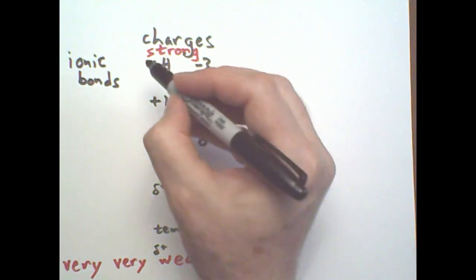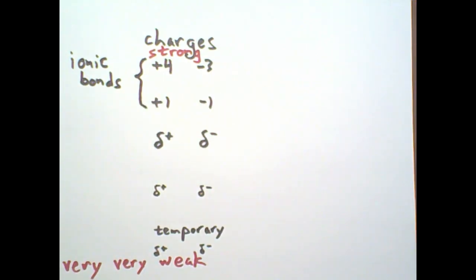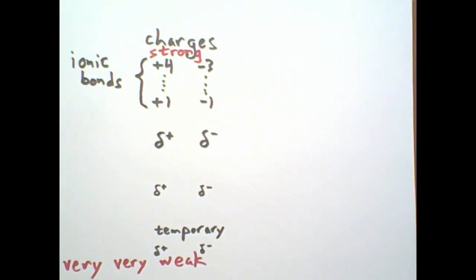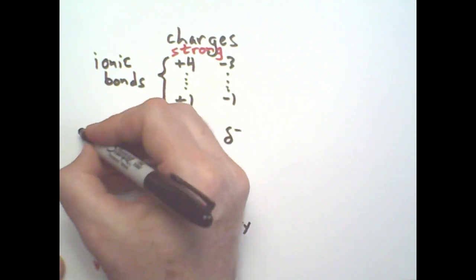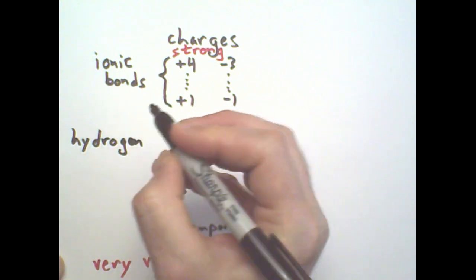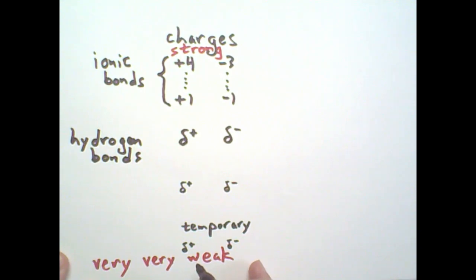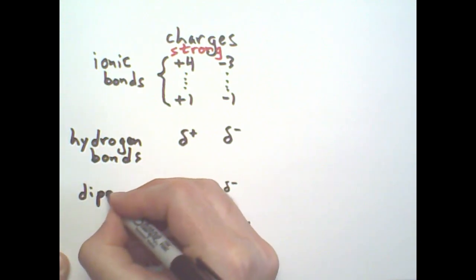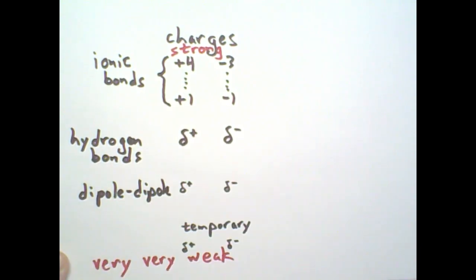You've got ionic bonds, where the ions have full charges that can be over a whole range. We have hydrogen bonds. Dipole-dipole attractions.